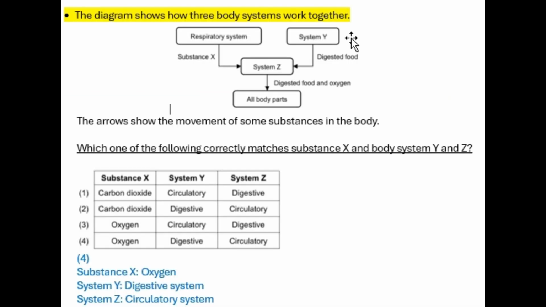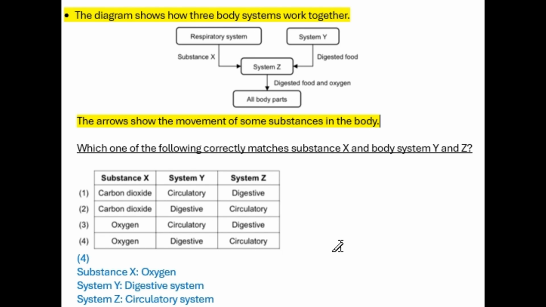The diagram shows how three body systems work together. The arrows show the movement of some substances in the body.